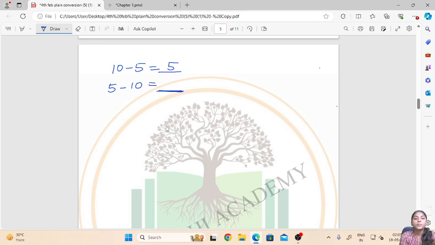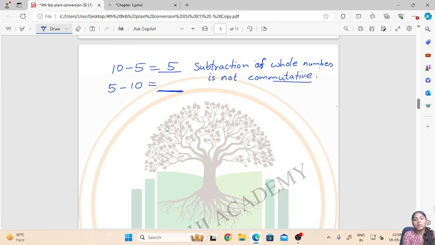So subtraction of whole numbers is not commutative.